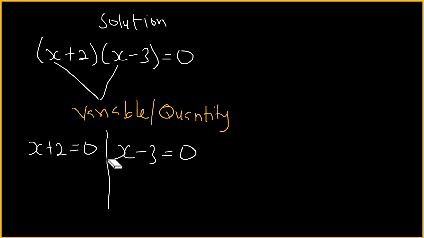Now we want x, which is the variable. x is equal to the number 2 is taken to the other side of the equation, and it becomes negative 2. The other x is also computed as x is equal to the number negative 3 is taken to the other side and it becomes positive.